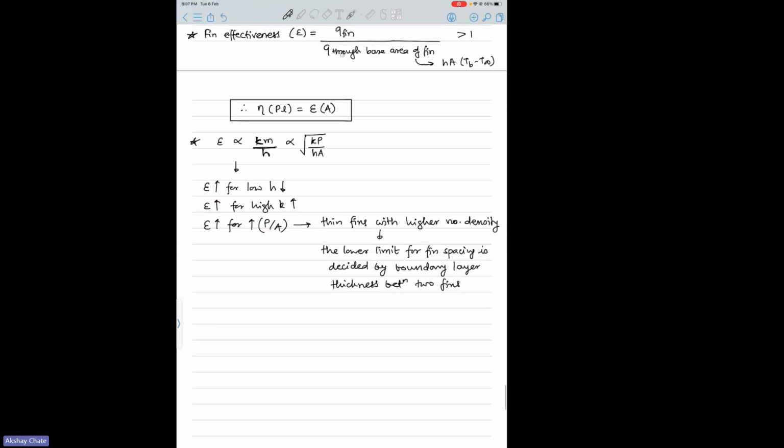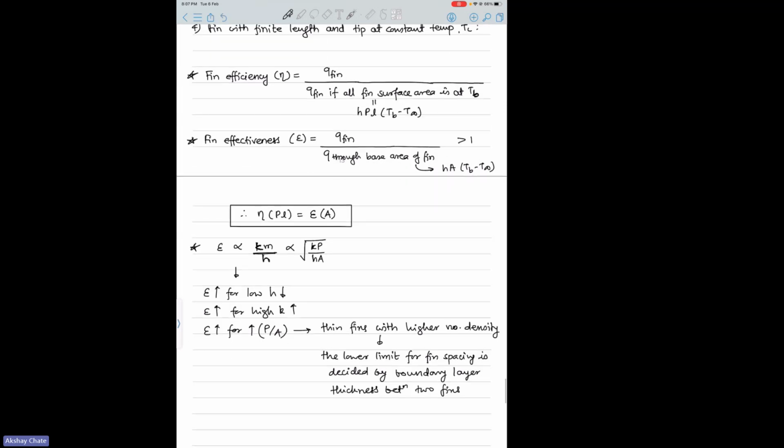So you have to keep it that way. Okay, then I think we are over time, so I'll stop here today. We could not take any problems on fins because of the time limitation, but I tried to give you as many important things as possible.